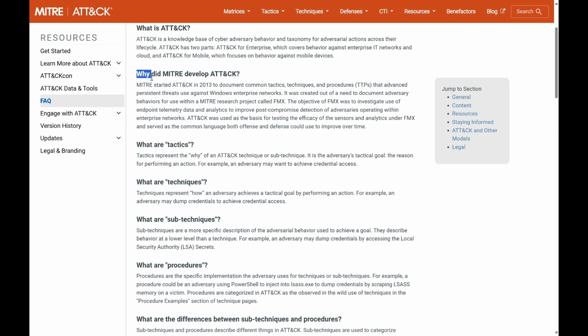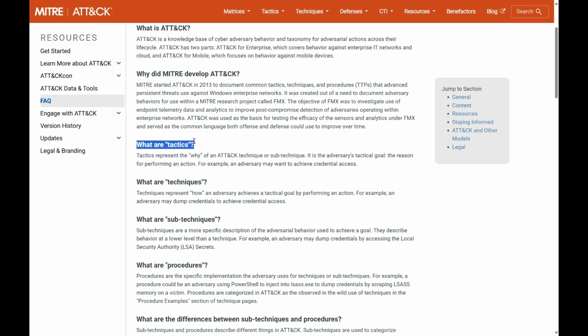So why did MITRE develop ATT&CK? MITRE started ATT&CK in 2013 to document common tactics, techniques, and procedures, the TTPs, that advanced persistent threats use against Windows enterprise networks. It was created out of a need to document behavior for use within a MITRE research project called FMX.